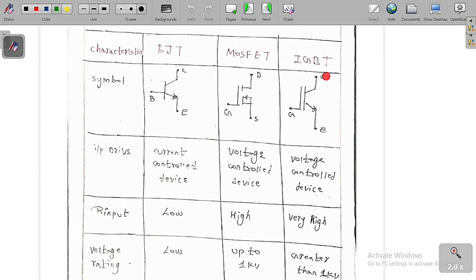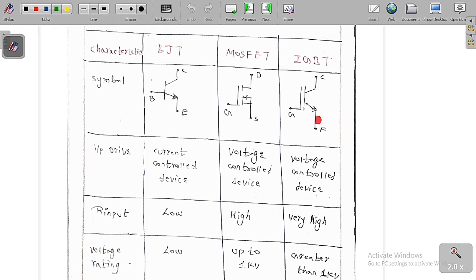And the IGBT is a combination of the BJT and the MOSFET. IGBT has input characteristics similar to MOSFET and output characteristics similar to BJT. So we can say it has high input impedance and low on-state voltage drop.